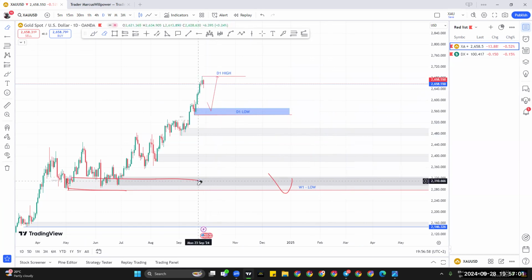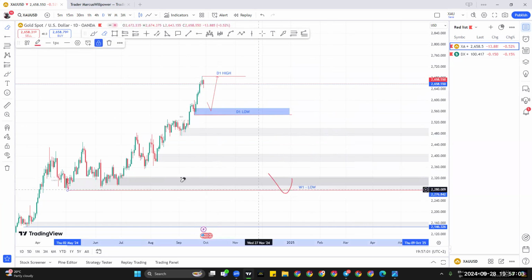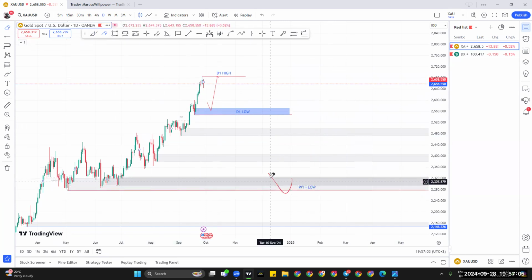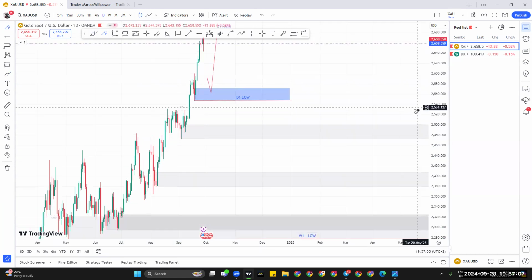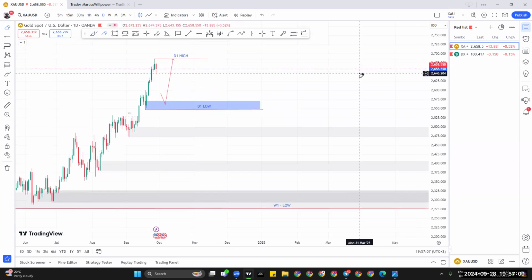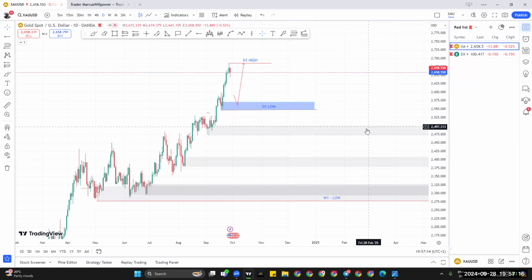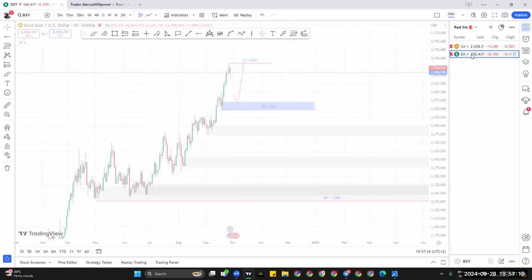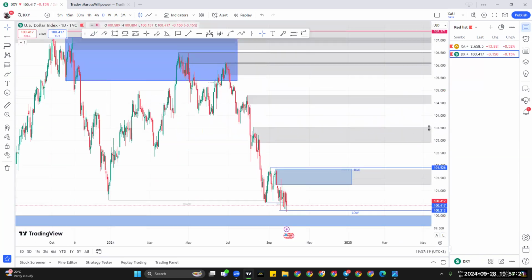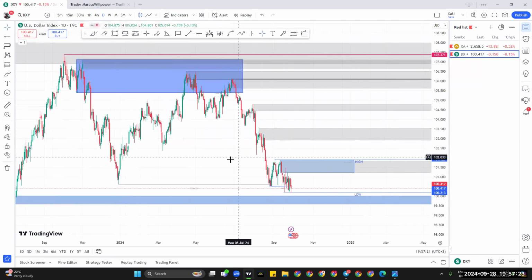There are two setups that could come about, but we just have to wait for what the market is presenting on Tuesday. As well, I haven't taken a look at the DXY. I do look at it, but I haven't shown it on my videos. But here's the DXY. The DXY is inversely correlated to gold.